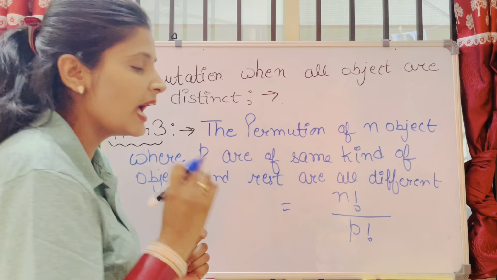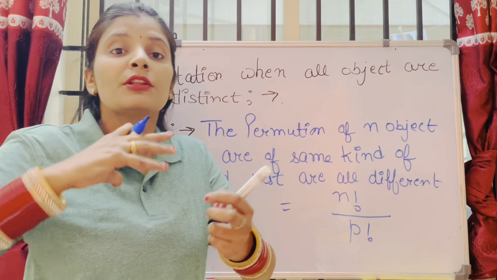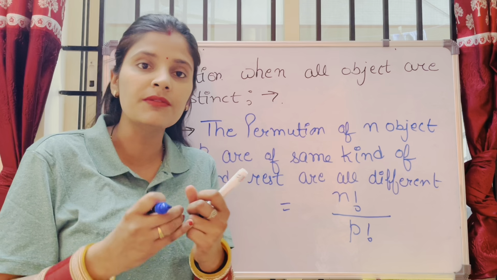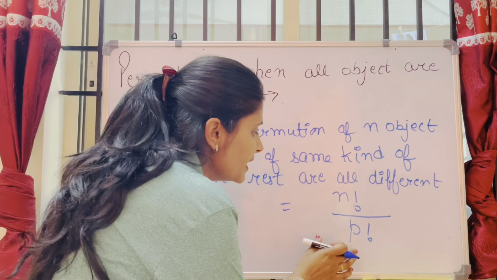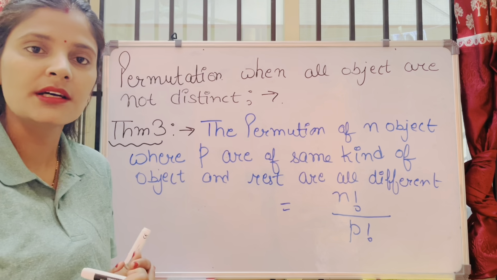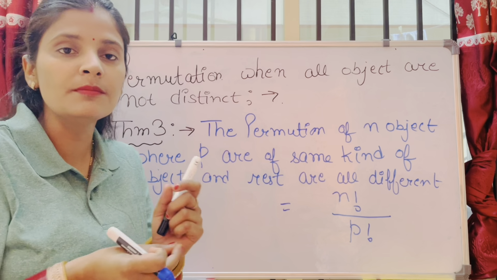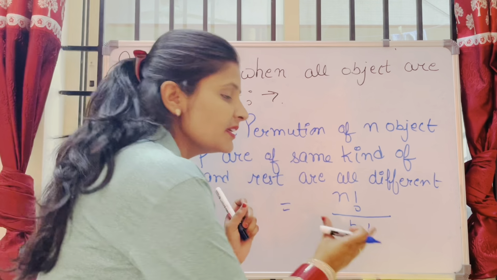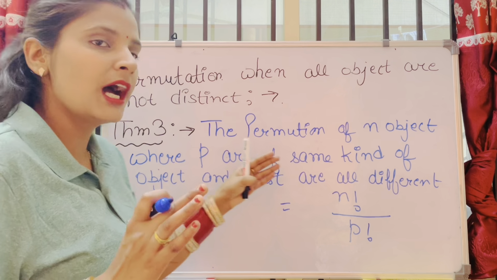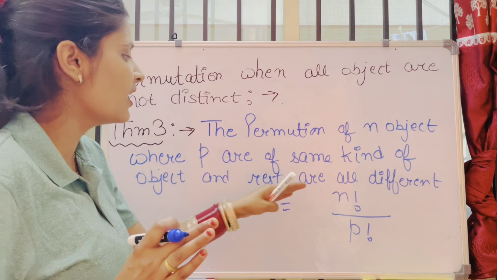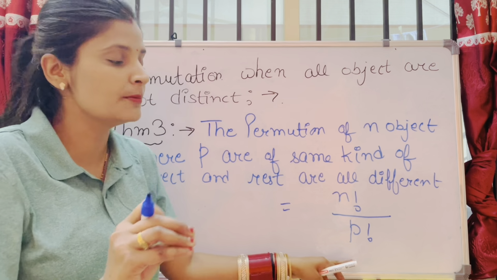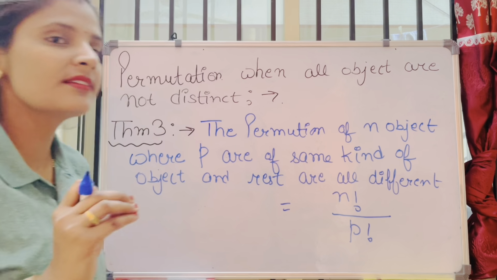So in the numerator n factorial will come, that is the arrangement of the total number of objects, upon, in the denominator, p are of the same kind, means in the denominator those objects will come which are of the same kind. So in the denominator we only write those objects which are of the same kind, right?